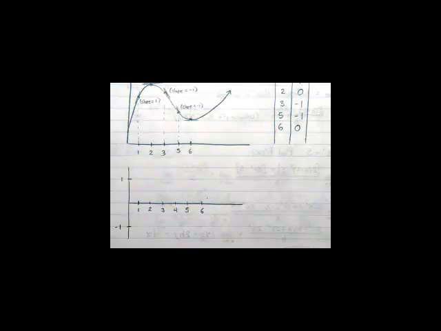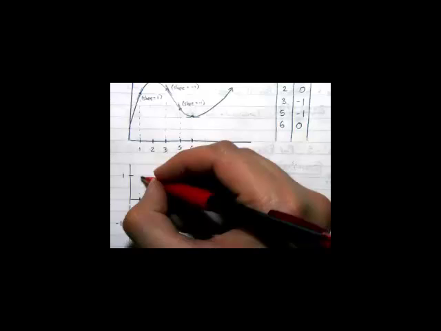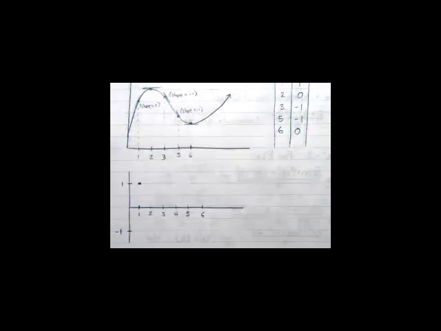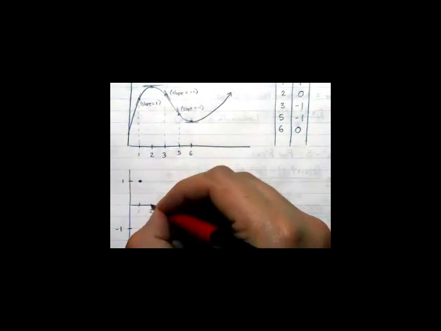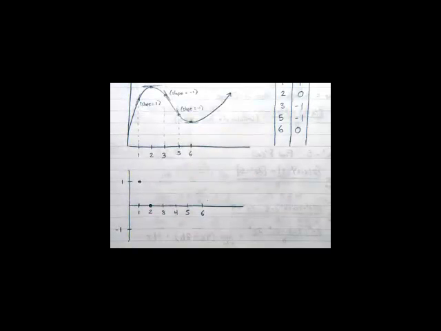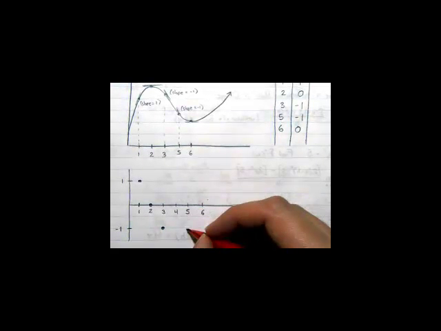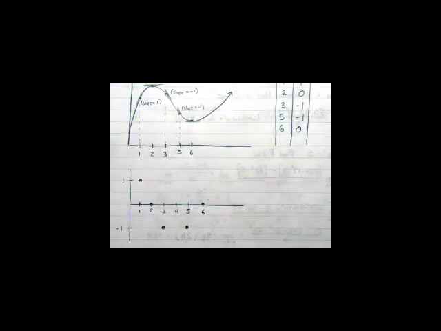All right, so when x is 1, f prime is 1. When x is 2, f prime is 0. When x is 3, f prime is negative 1. And then at 5, also negative 1. And then at 6, it's 0.